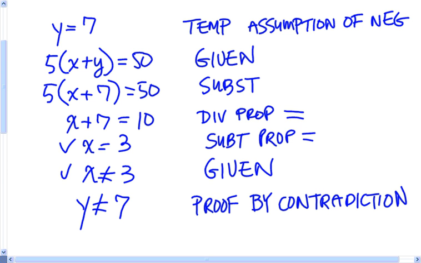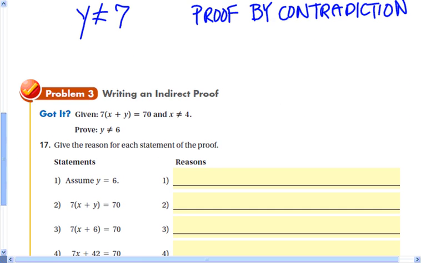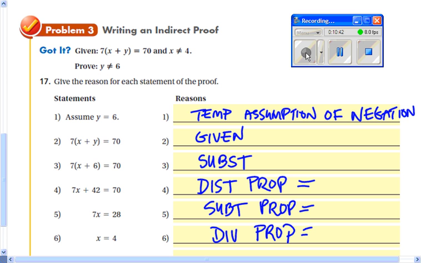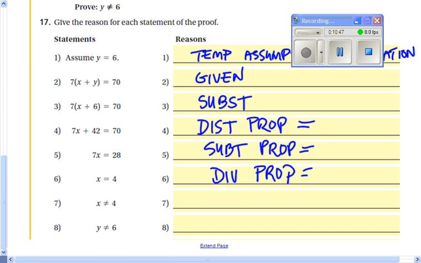And that can't happen, so we have just proven that y must not equal 7. So here's our first reason, and then this is given, and our final thing is what we're trying to prove, y is not equal to 7, and that is proved by contradiction.